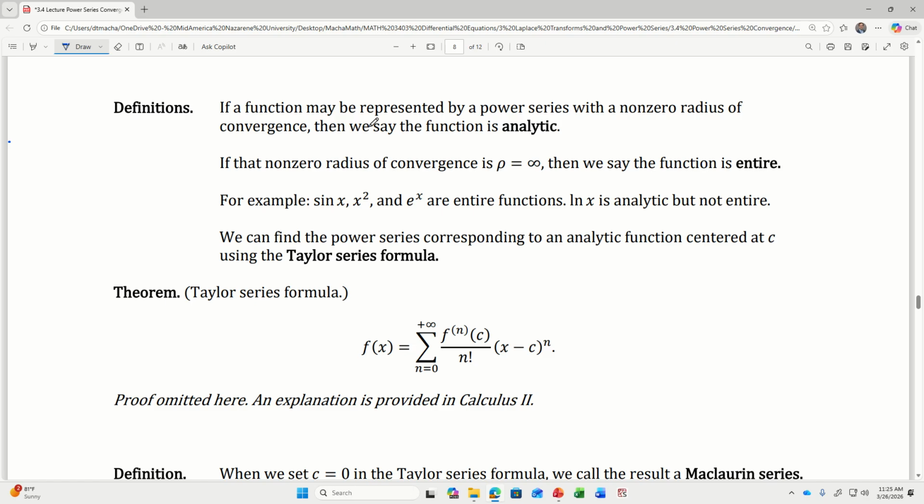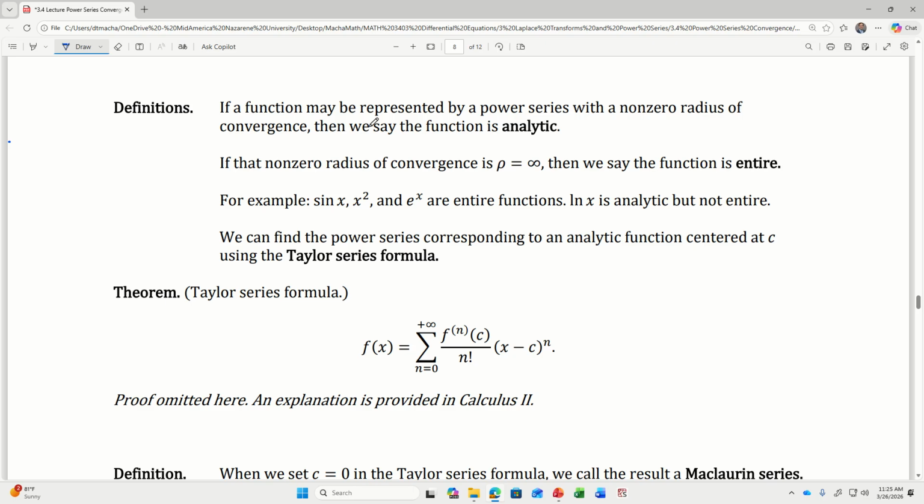Other functions you're familiar with might be analytic, but they're not entire functions, like natural log, for example. It's not defined on the whole real number line, right? It's only defined for positive real numbers. So while a natural log is an analytic function, it can be defined with a power series. It has to have some finite radius of convergence.